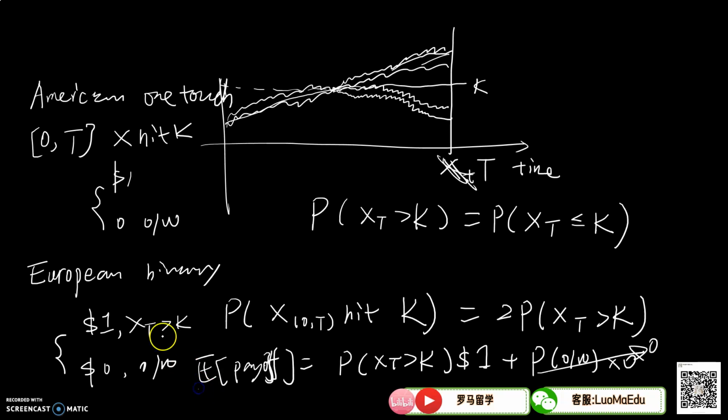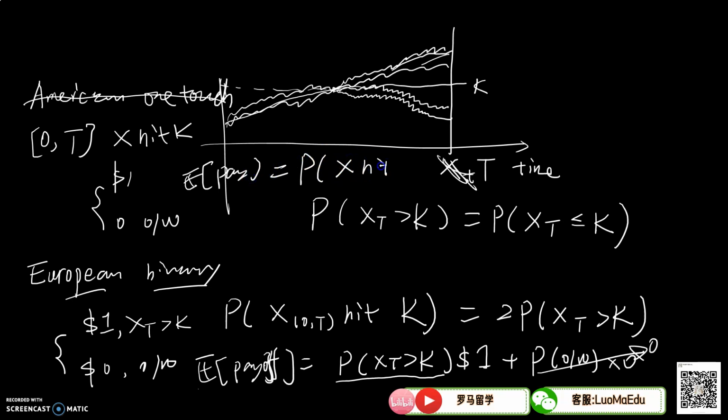So the European binary option will be equal, if you ignore the discounting factor, to the probability of X at capital T larger than K. Similarly, the American one-touch expected payoff is the probability of X hitting K between 0 and capital T, which is equal to this guy. And the European binary option is equal to this guy.